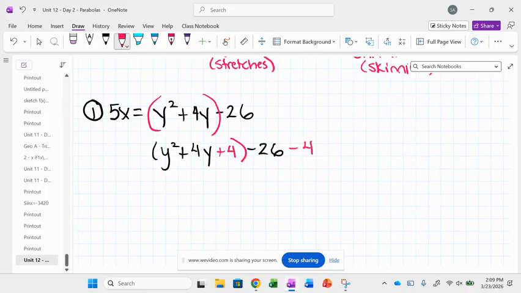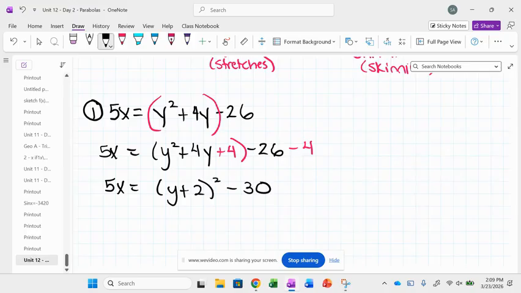Subtract 4 outside the parentheses. So now we're going to have 5x is equal to y plus 2 quantity squared minus 30. Is this good enough? No. Now that I've completed the square on one side, I'm going to divide by 5 under everything.